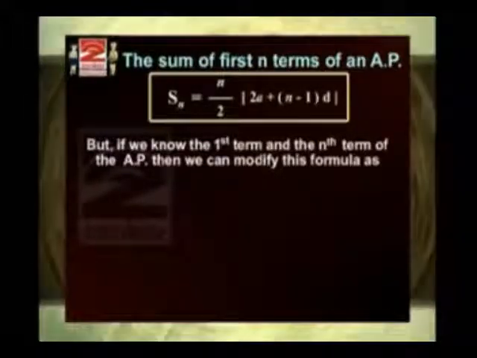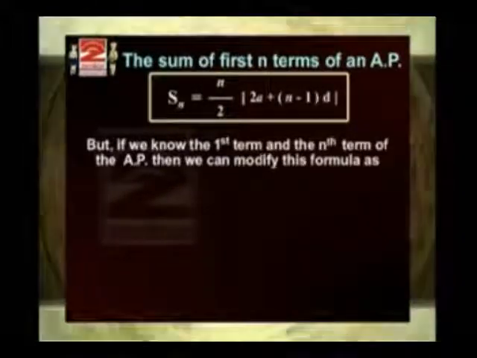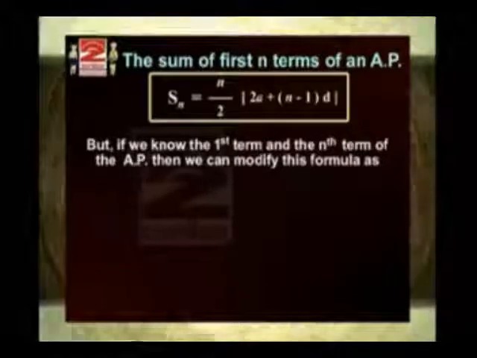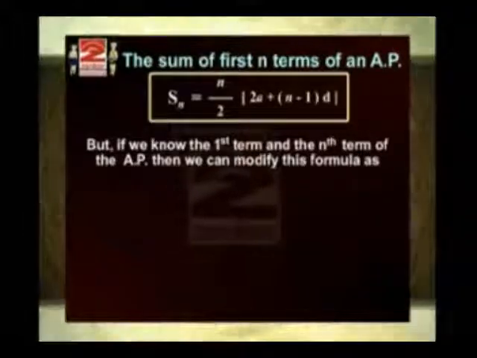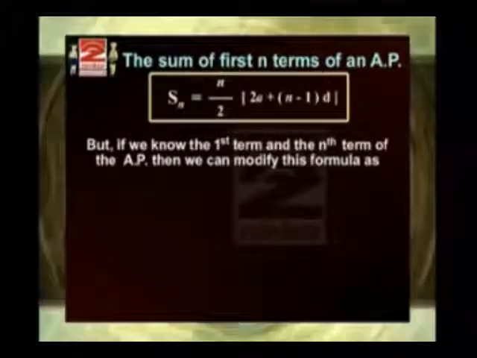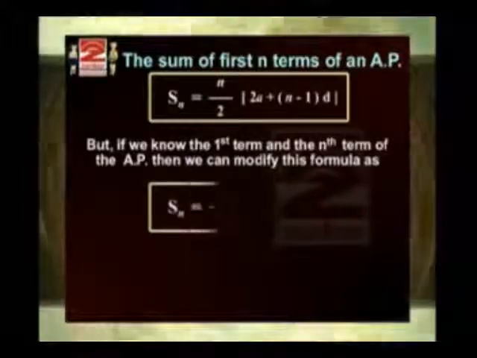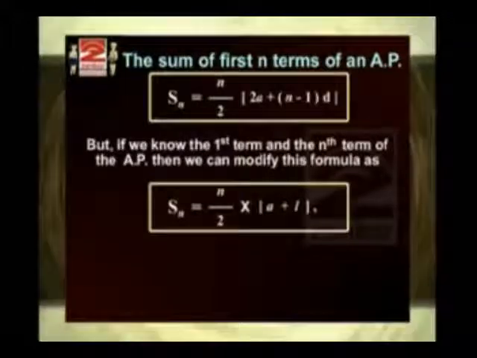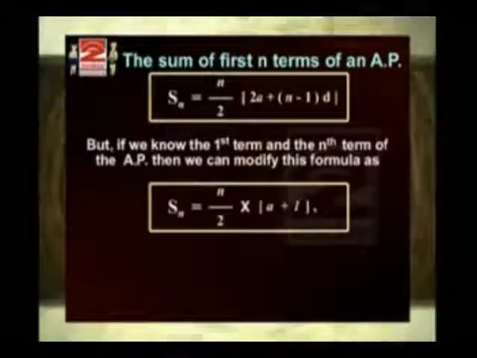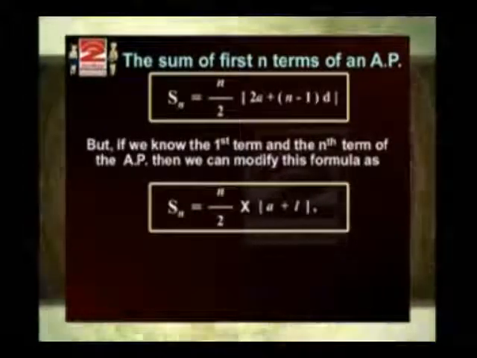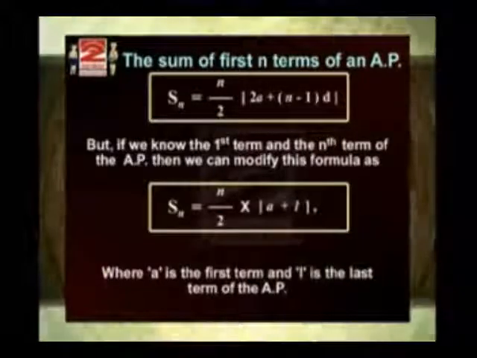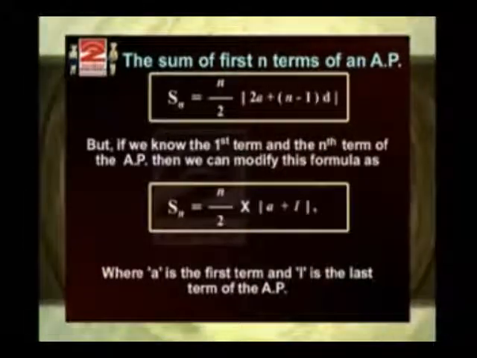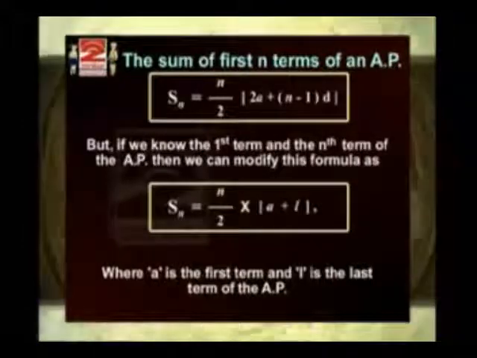But if we know the first term and the nth term of the AP, then we can modify this formula as Sn is equal to n upon 2 into a plus L, where a is the first term and L is the last term of the AP.